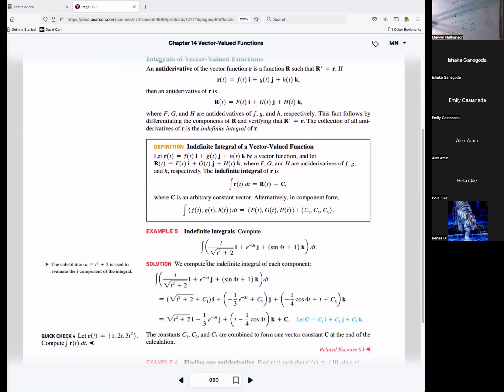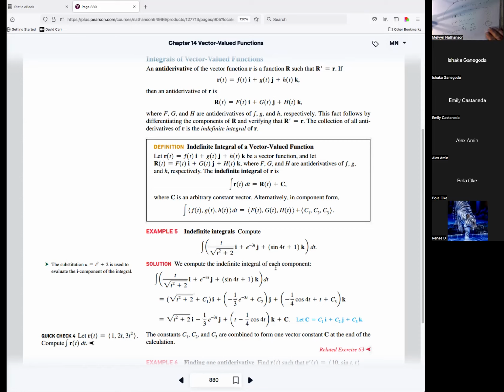And just as an example, here we have a vector valued function: t over root t squared plus 2, e to the minus 3t, sine 4t plus 1. These are the coordinate functions. If we want to integrate this vector valued function, you integrate the coordinate functions separately. Now, that only makes sense if you know how to do the integrals.